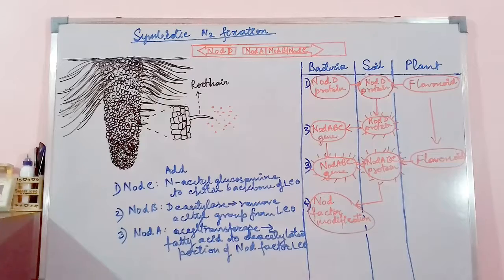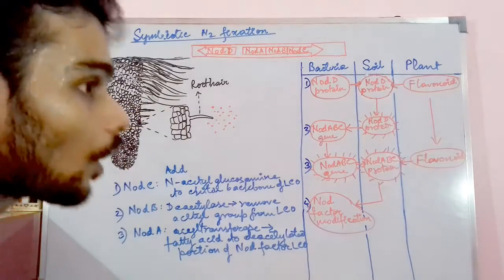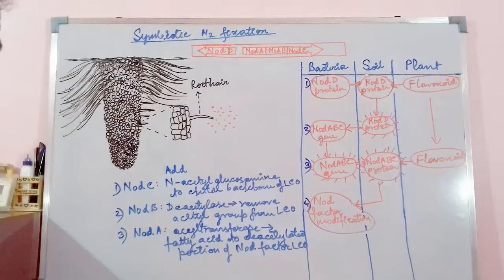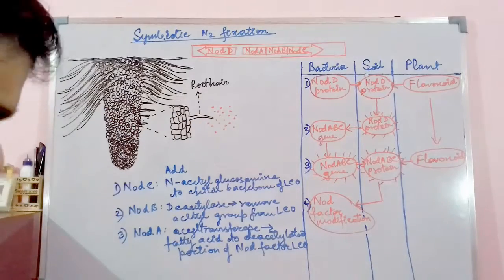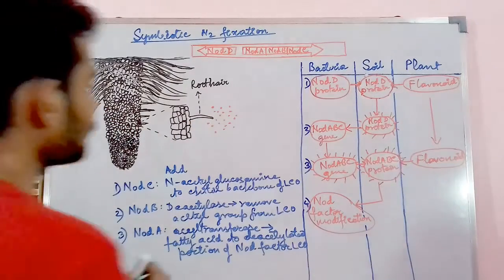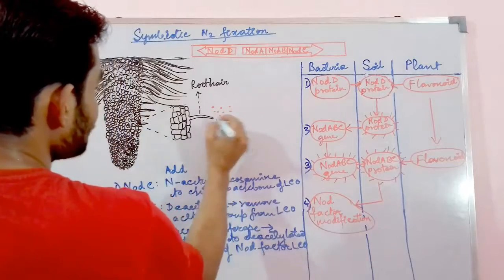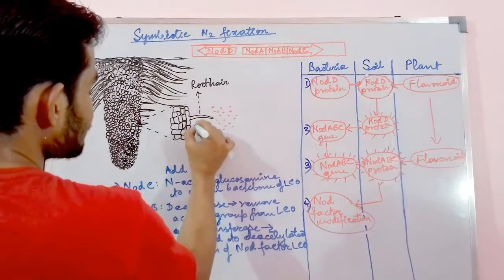Now this modified node factor, what will it do? The modified node factor will start the cortical cell division of the primordium. So the cell will look like this. This is the first step.